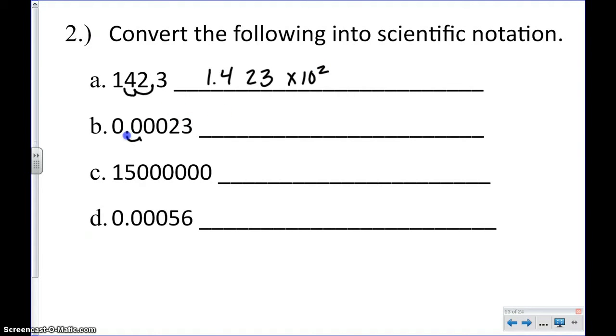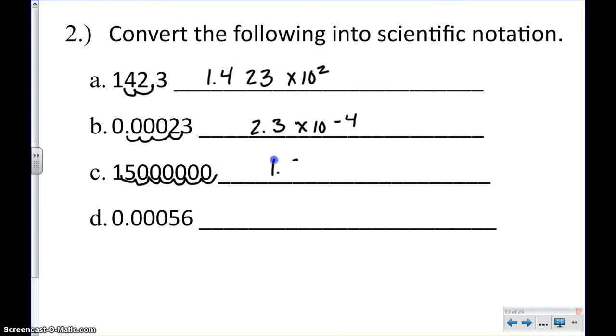Here, I'm going to go 1, 2, 3, 4. So this is going to be 2.3, 1, 2, 3, 4 times 10 to the negative 4. Here, we're going to go 1, 2, 3, 4, 5, 6, 7.